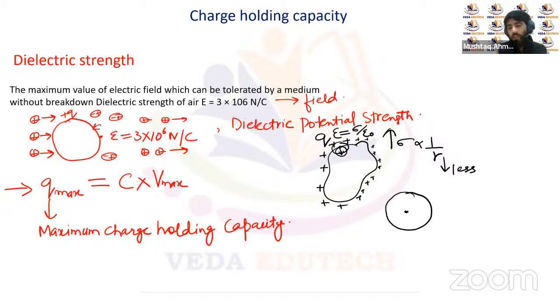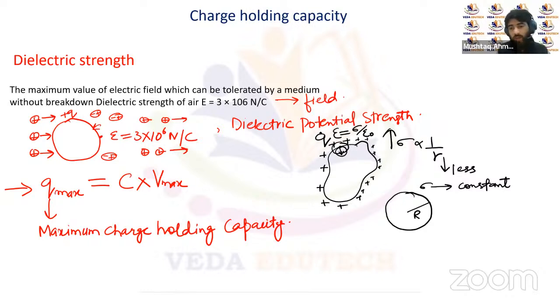Let's suppose we are taking a regular sphere of radius r. The radius of curvature at each and every point on the sphere is the same, so sigma is constant at each and every point.